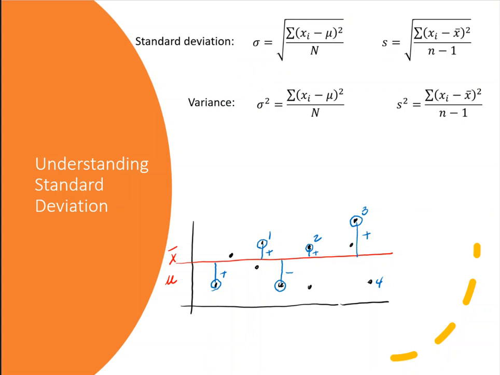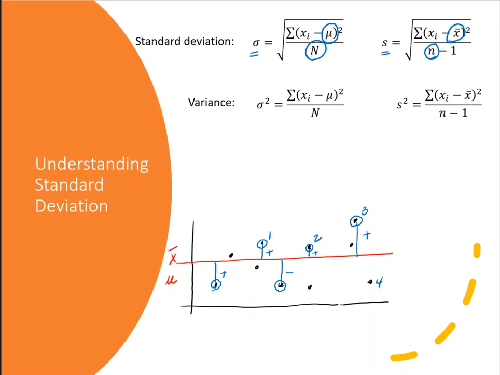And then you'll notice one other thing, that between my population and sample formulas for each of these two, standard deviation and variance, they vary just slightly. They're varying by the mean that we're going to be looking at. So here I have population mean, population size, whereas in the sample standard deviation, I have sample mean, sample size.